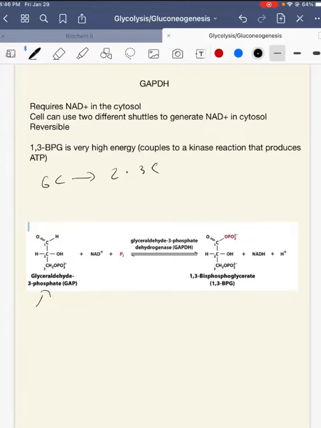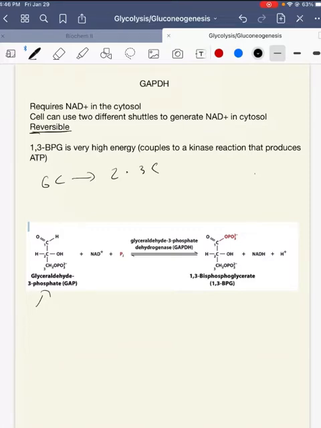So once GAP is made, it's converted into 1,3-BPG, 1,3-bisphosphoglycerate. This is done by the enzyme glyceraldehyde 3-phosphate dehydrogenase. You can just call it GAPDH. It's easier to write. A main thing about this enzyme, so this enzyme is actually reversible, but this enzyme is a little complicated.